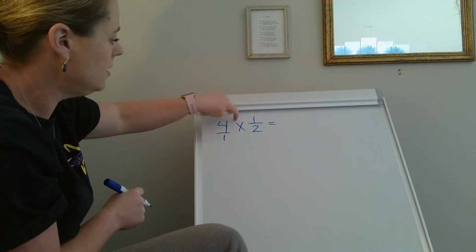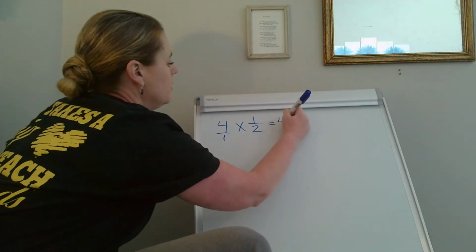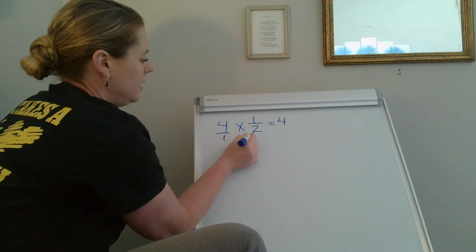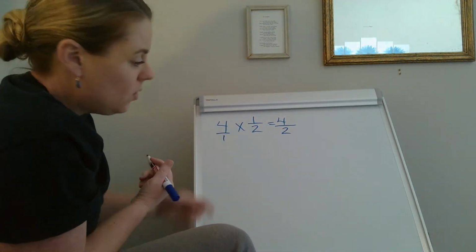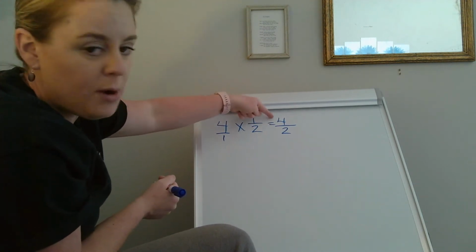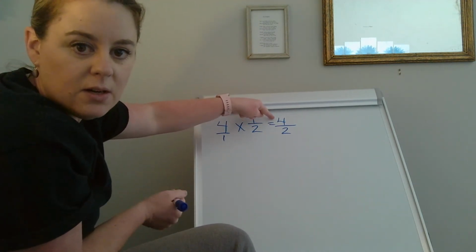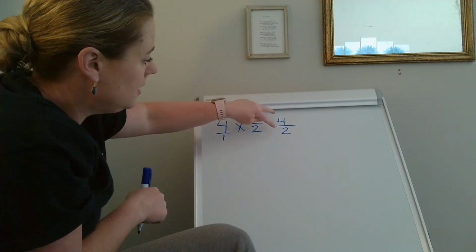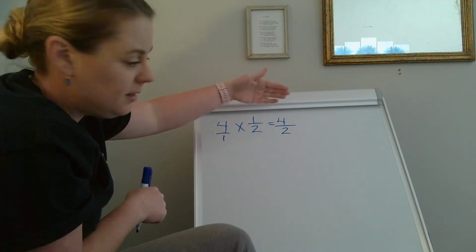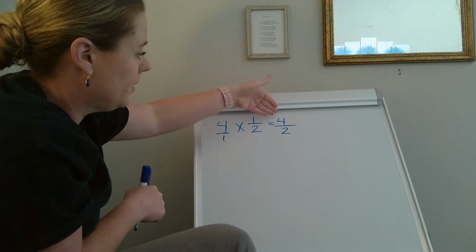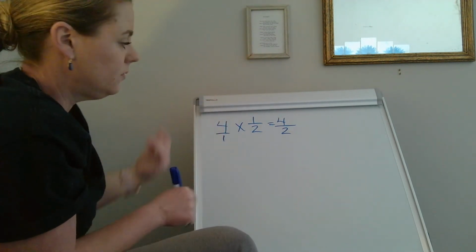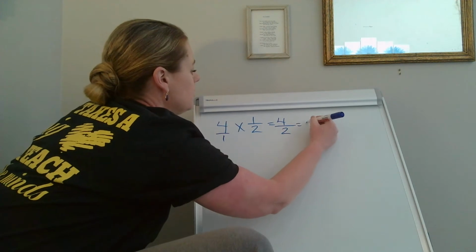So 4 times 1 equals 4. 1 times 2 equals 2. Now we're looking at this fraction here. It's an improper fraction because the numerator is greater than the denominator. Improper, so we want to divide. That's all that line means. It means divided by. 4 divided by 2 equals 2.